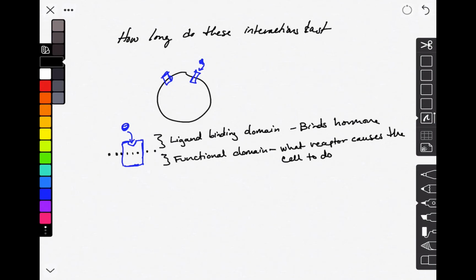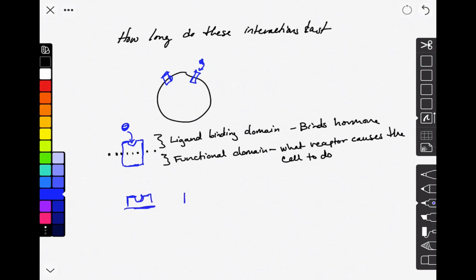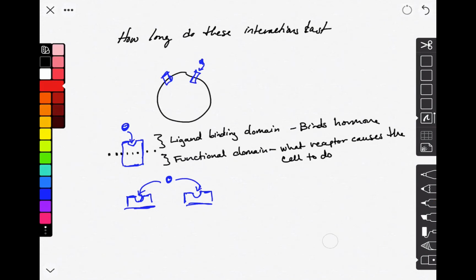What this means is that now we have a scenario where a hormone can bind receptors that have the same ligand binding domain. It won't bind a receptor with a different ligand binding domain.